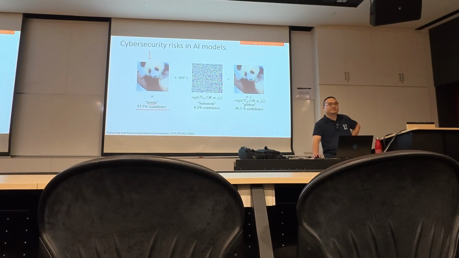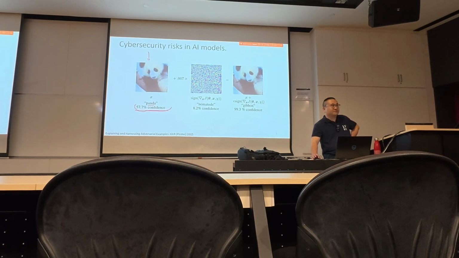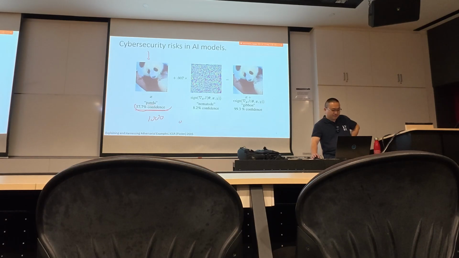You may be wondering, 57% confidence is quite low, but actually, for this kind of image classification, the model is required to recognize 1,000 classes. Therefore, a random guess will only be 0.1% confidence. So in this setting, if the model says it has 57% confidence on this prediction, this confidence is quite high actually.